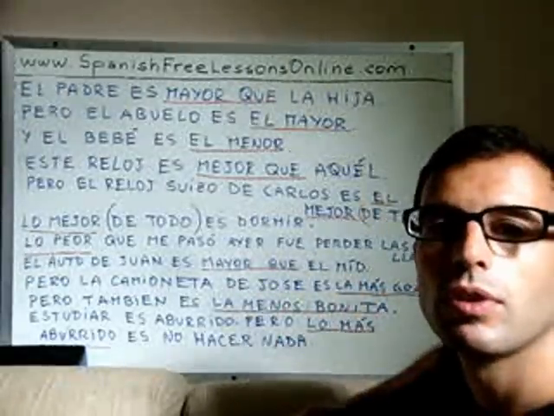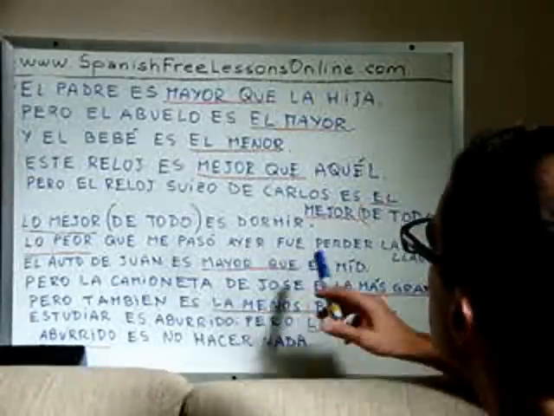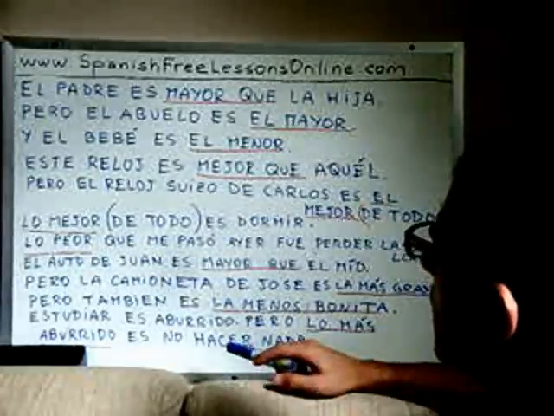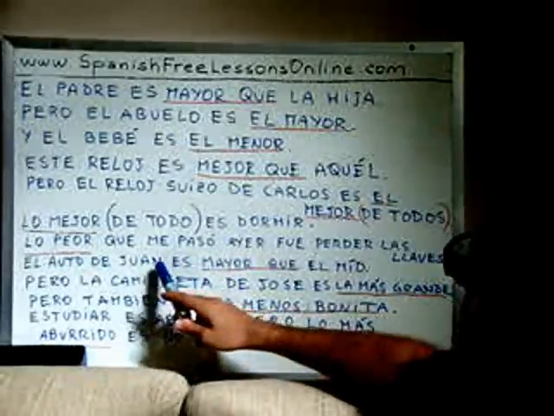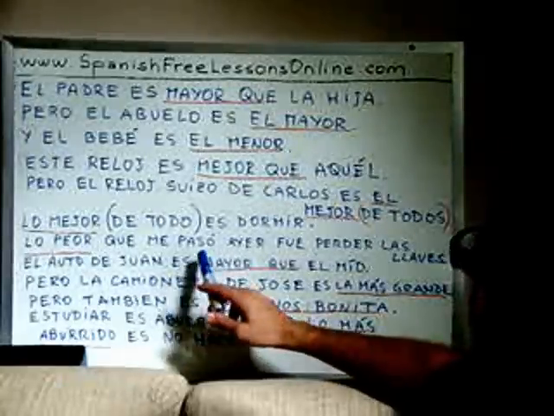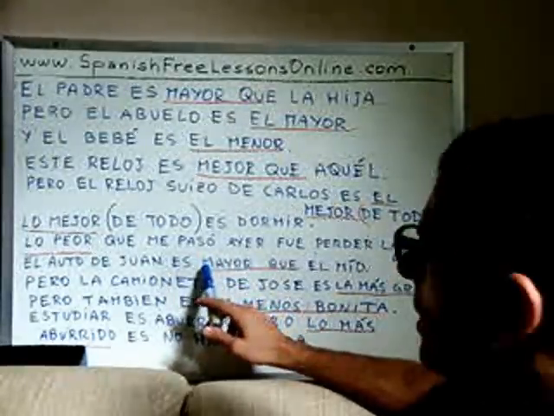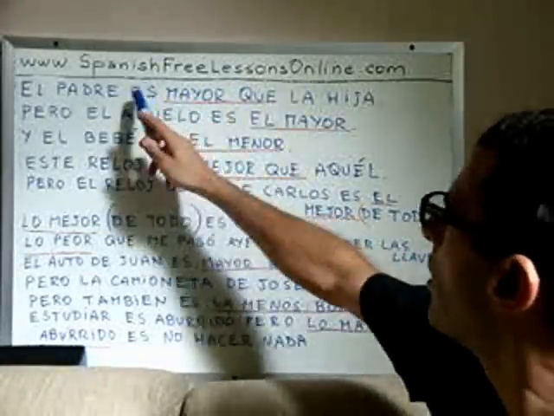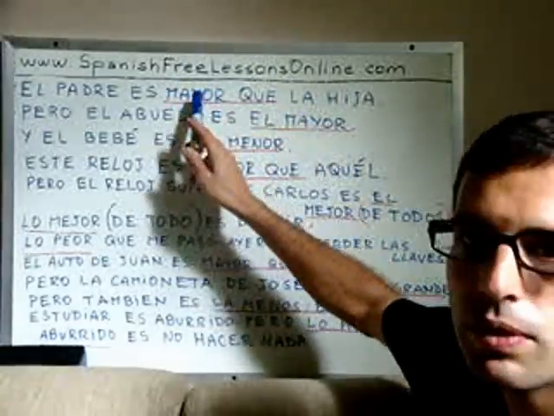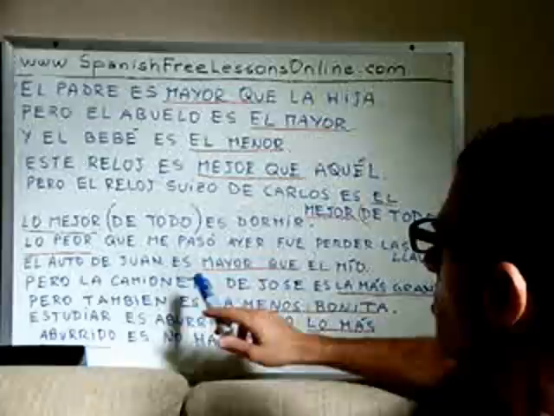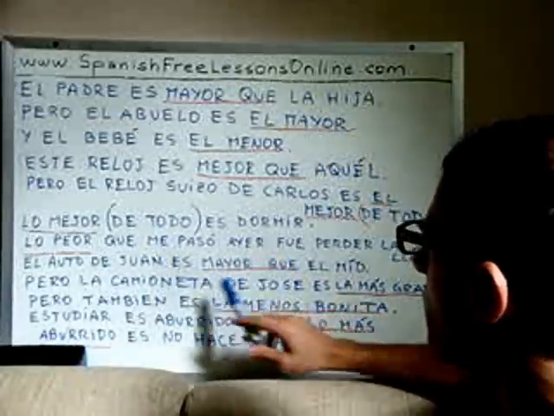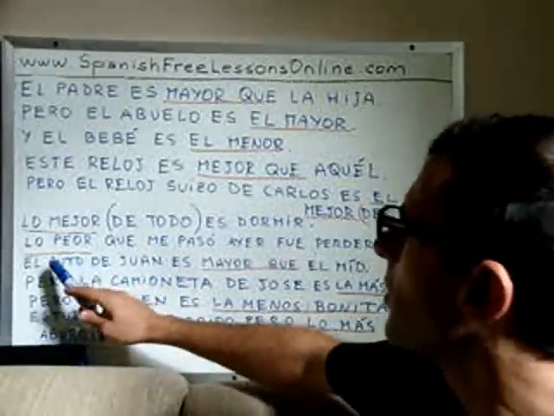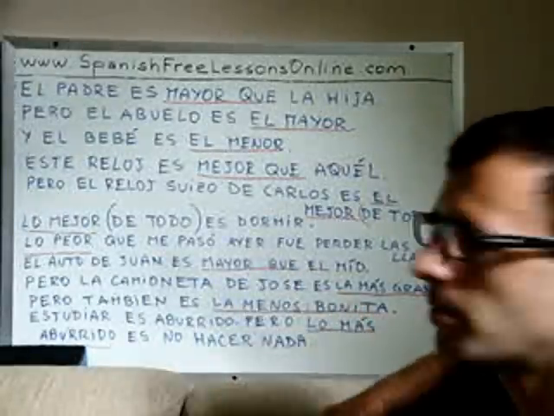Mine, ours, theirs. Okay? El mío. And here in this sentence we are seeing mayor meaning bigger, right? While before we were comparing father and daughter, mayor means older. Here we are comparing objects or things, and mayor means bigger. We are comparing Juan's car with my car, okay?